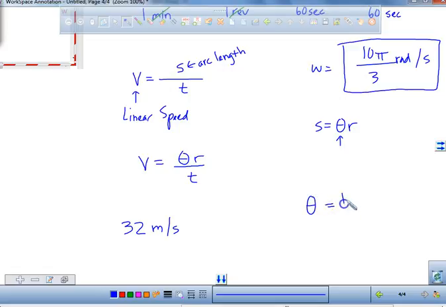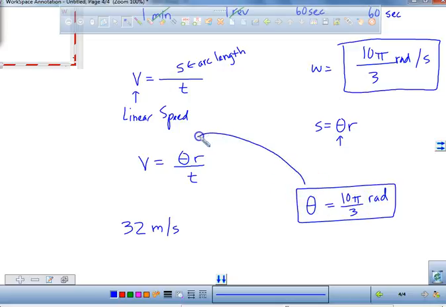This is how far it's traveling every single second. So take this information, where are you going to plug it in? You're going to plug it in right here. What's the time for our answer? Our time is equal to 1 second.